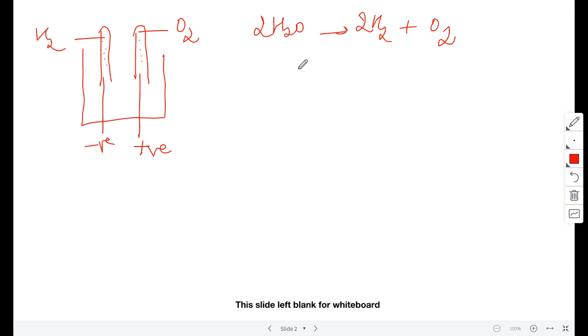The first question is, suggest a suitable element for the inert electrode. What are electrodes made up of?